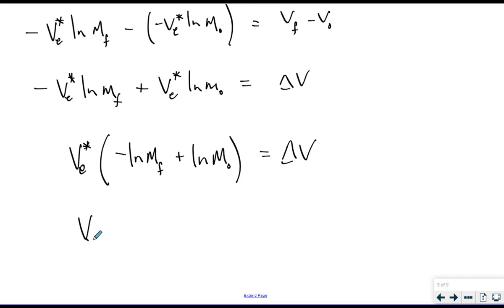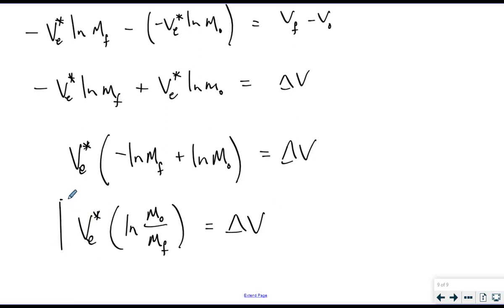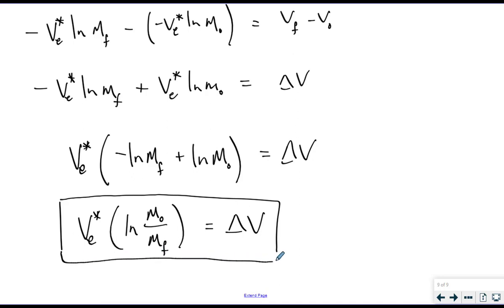Let's go ve star ln, and since this has a negative, it'll go in the denominator. That's m0 over mf. All that equal to delta v. And there it is. That's actually the rocket equation that I was attempting to derive, and I now have it.